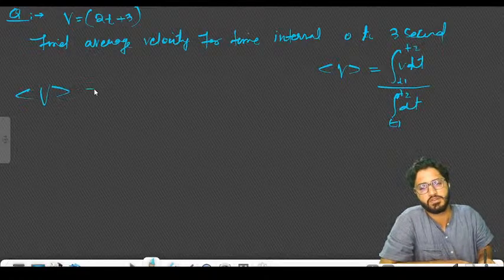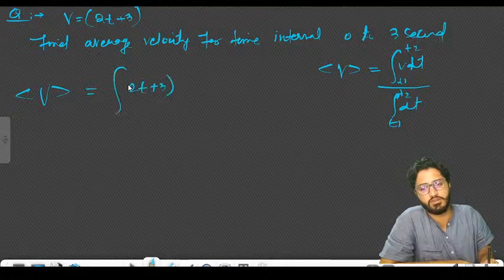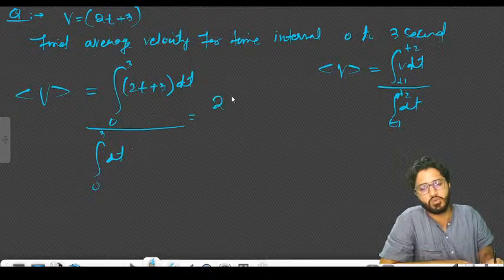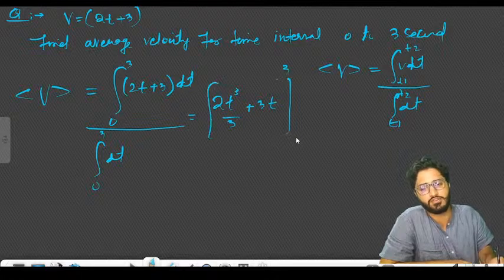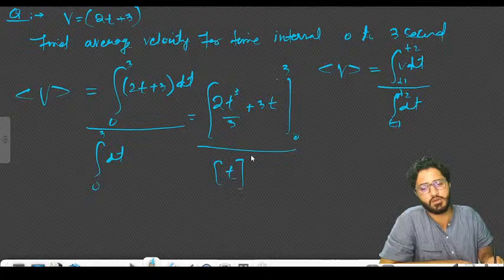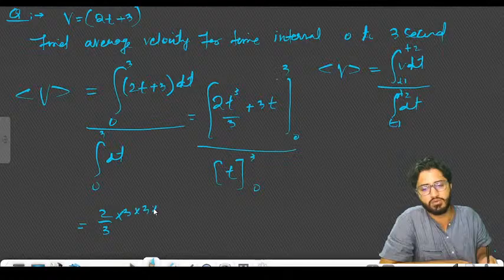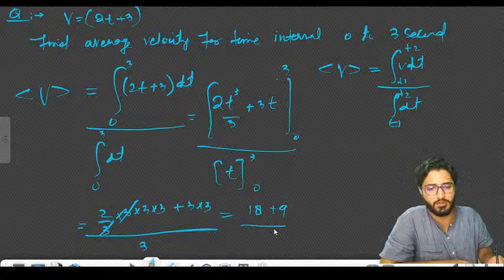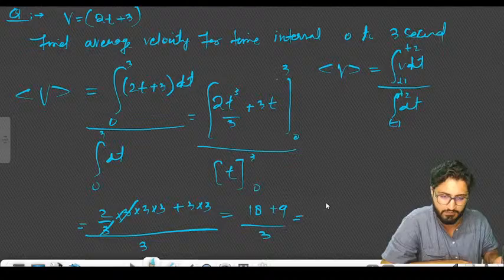V average is integration of V, that is 2t plus 3, with respect to dt. Initially is 0, finally is 3. Integration from 0 to 3, dt. It will be 2t cube by 3 plus 3t. Upper limit is 3, lower limit is 0, whole divided by t, upper limit is 3, lower limit is 0. 2 by 3 into 3 into 3 into 3 plus 3 into 3 whole divided by 3. Done?